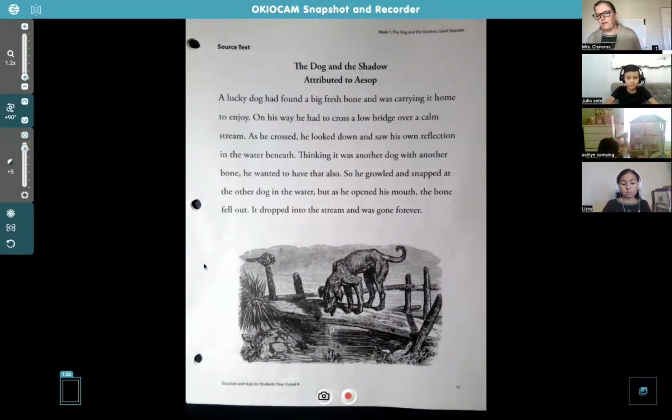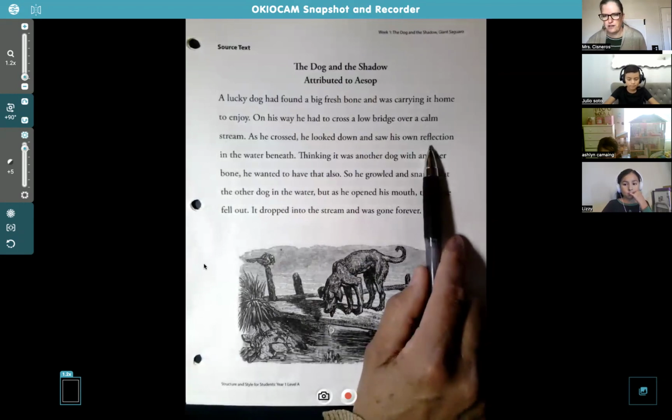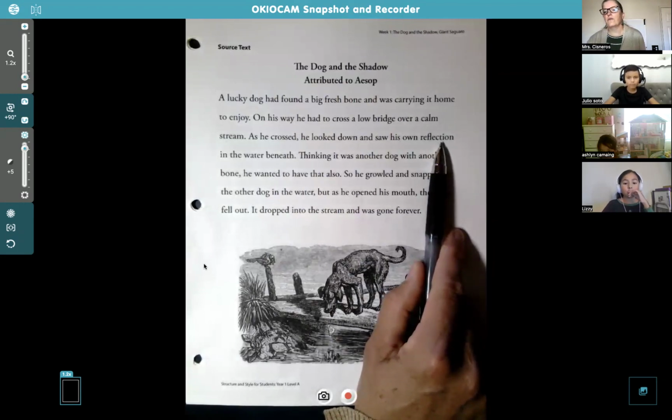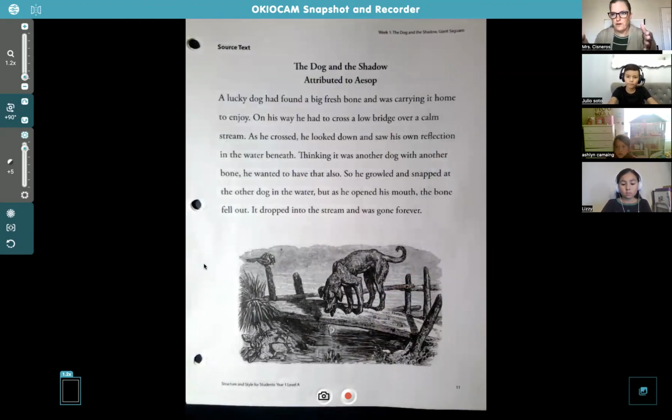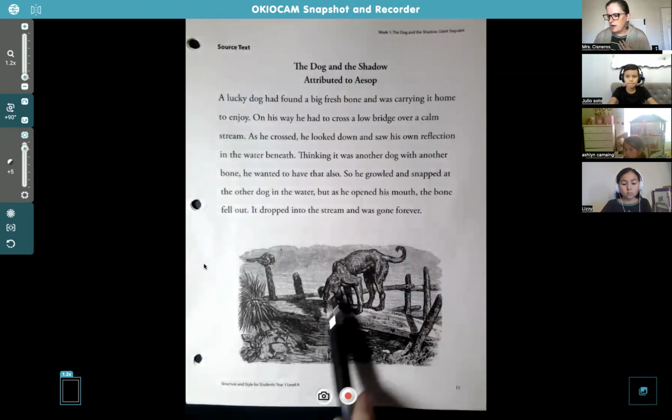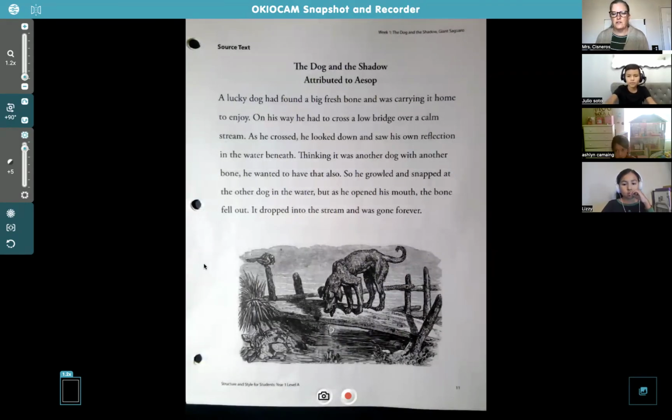So maybe a word in there you don't know yet is reflection. Have you guys heard of that word before? Reflection. Oh, good. Yeah. So if you go into the bathroom and you look into the mirror, you're looking at your own reflection. You're looking at yourself, right? That's kind of what happened here when he's looking in the water. Have you ever been to somebody's house with a swimming pool, and before anybody jumps in it, it's pretty calm, unless it's windy outside.